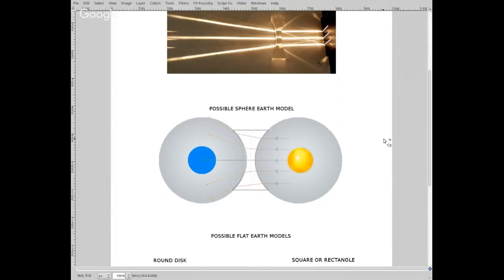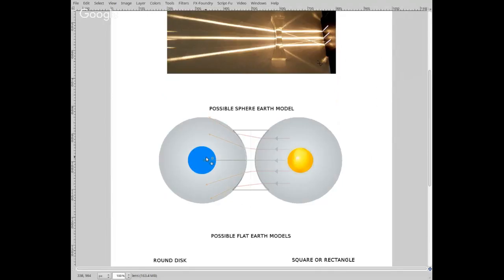In either case, it doesn't matter which it is. Even in the heliocentric model, if you're viewing it from Earth's surface, and don't get confused with the word perspective, because we're not talking about slanted lines going off in the distance right now, we're talking about viewpoint. In both heliocentric and geocentric ball Earth models, you will have the same view of the sun from the Earth's surface.